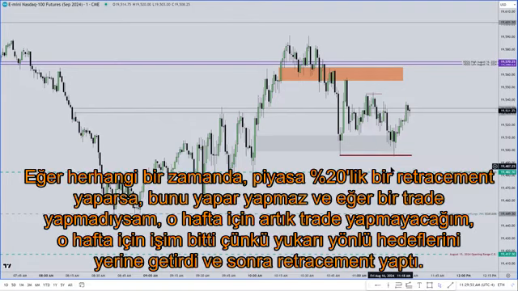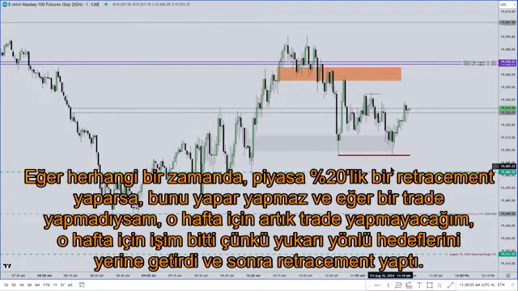If at any time the market has a 20% retracement, as soon as it does that, and if I have not had a trade, I am not going to trade anymore for the rest of that week. I'm done for the week because it's fulfilled its upside objectives and then it's retraced.